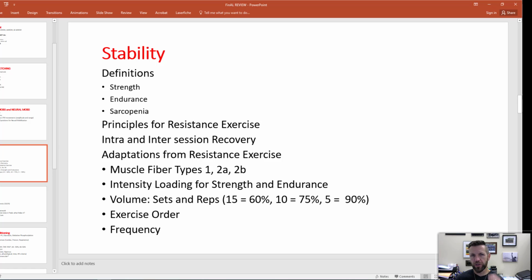What about exercise order? Well, there was a very concise way of saying how we're going to prescribe exercise, and we told you that you're always going to want to start with big multi-joint movements that involve bigger muscles, and so that looks more like a squat or a sit to stand, and then you're going to want to go from there into more of the open kinetic chain single joint exercises.